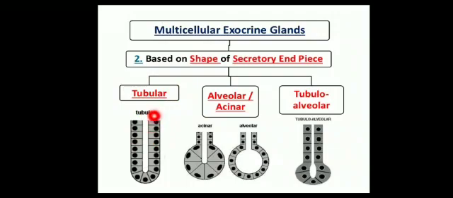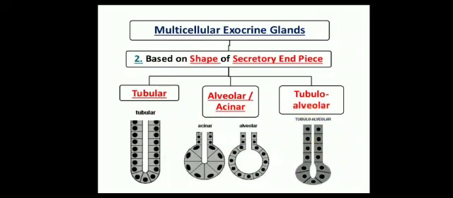The shape can be alveolar or acinar. This is acinar, this is alveolar. Acinar means sac-like, or it can be tubulo-alveolar, the upper part tubular and the lower part alveolar. So: tubular, alveolar or acinar, and tubulo-alveolar.